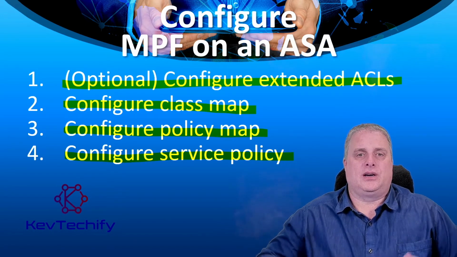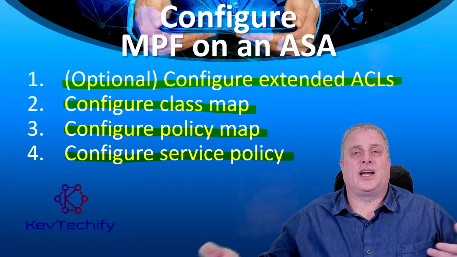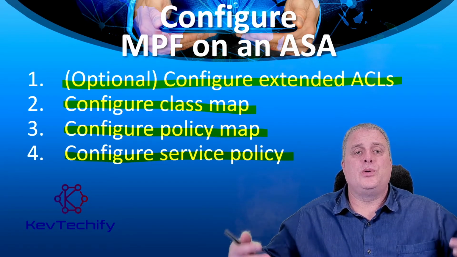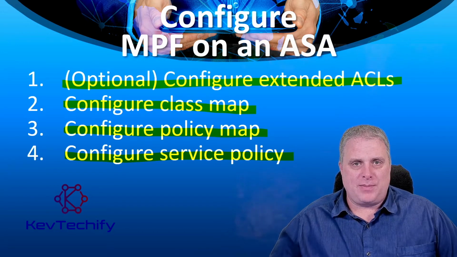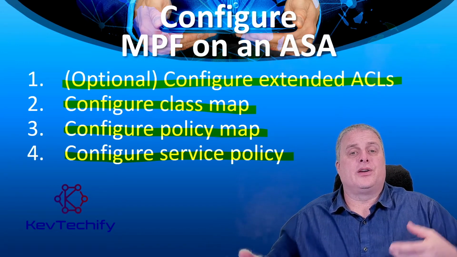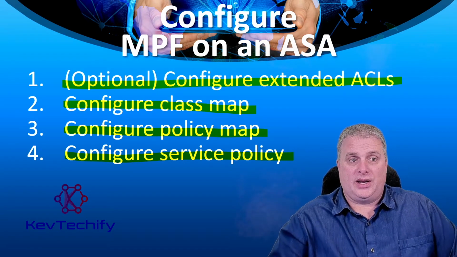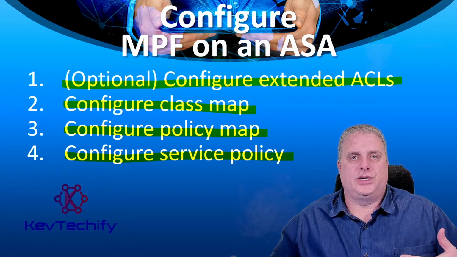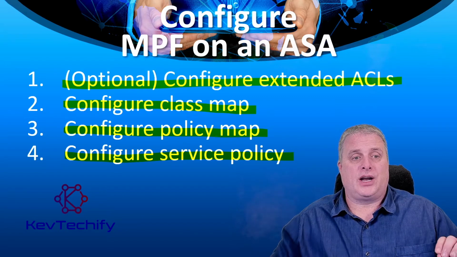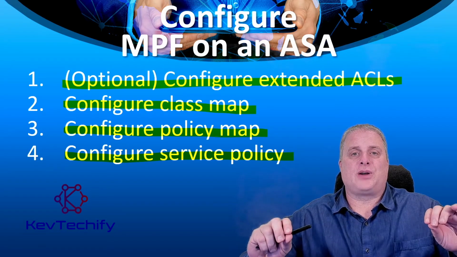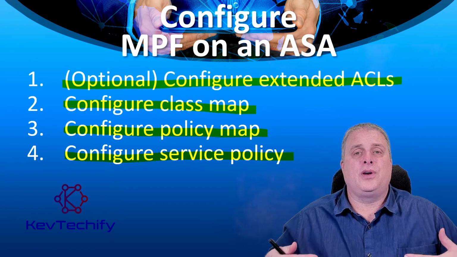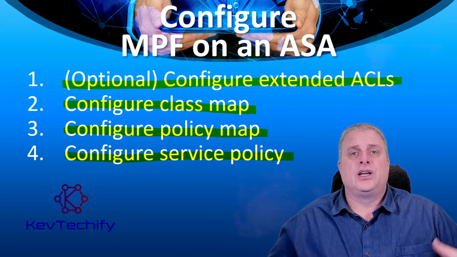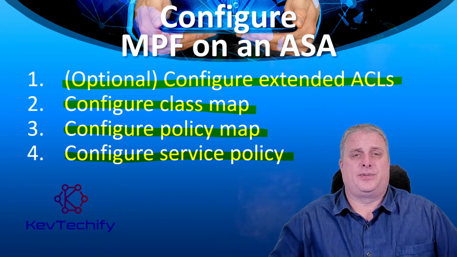So what happens here, step 1, we create that ACL to identify traffic. Step 2, we create a class map here. We're going to either use that ACL we created in step 1, or we're going to go ahead and put in several access control entries here in our class map to identify our traffic. Once we've identified our traffic, then in step 3, we apply actions to the traffic we identified from step 2.